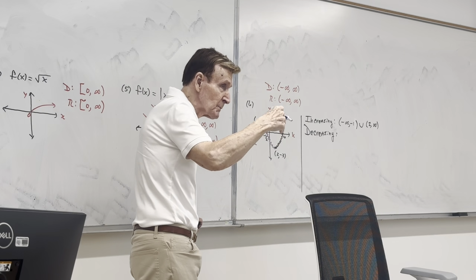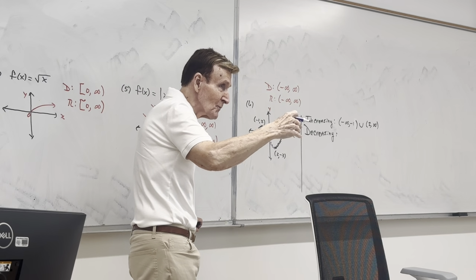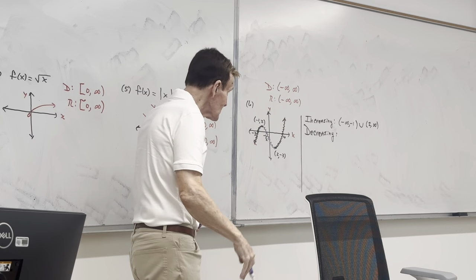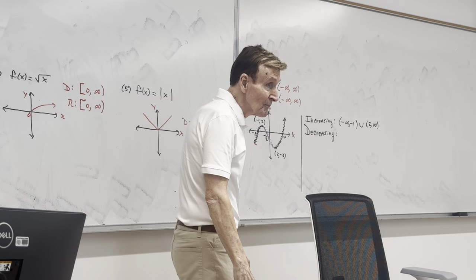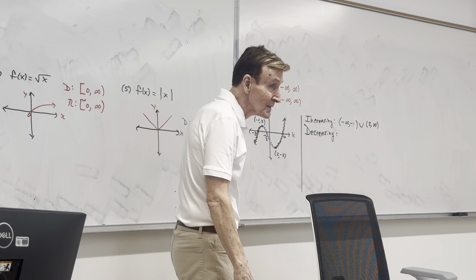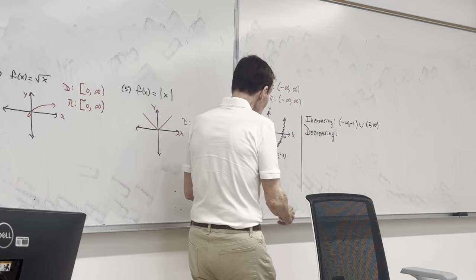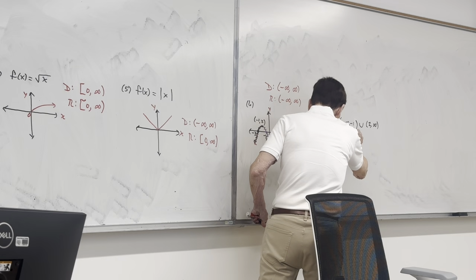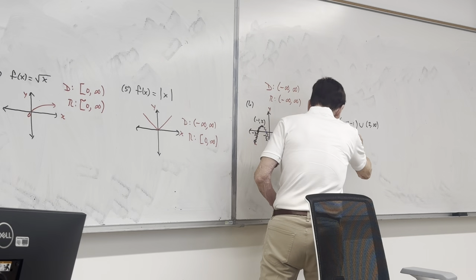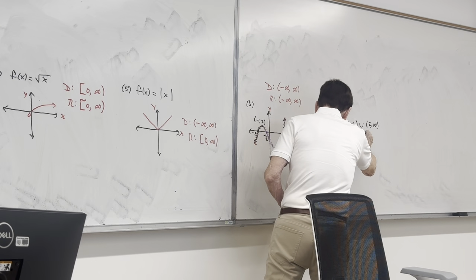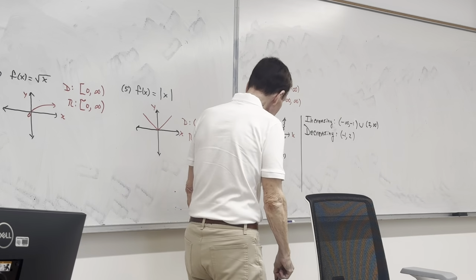Now, how would you describe to someone in interval notation, when is that taking place? From what to what? Yes, it's minus 1 to 2. Negative 1 up to 2. Written like this. There's increasing, decreasing.